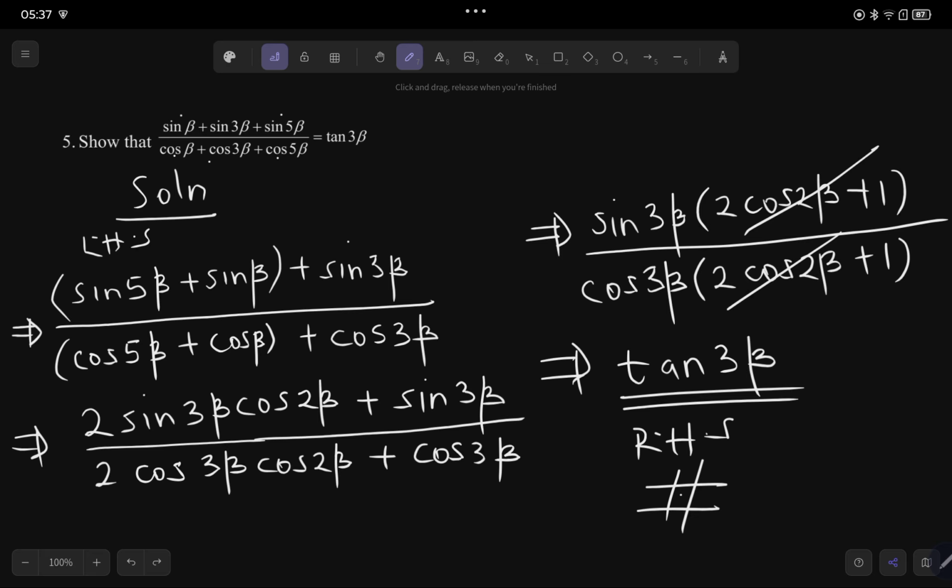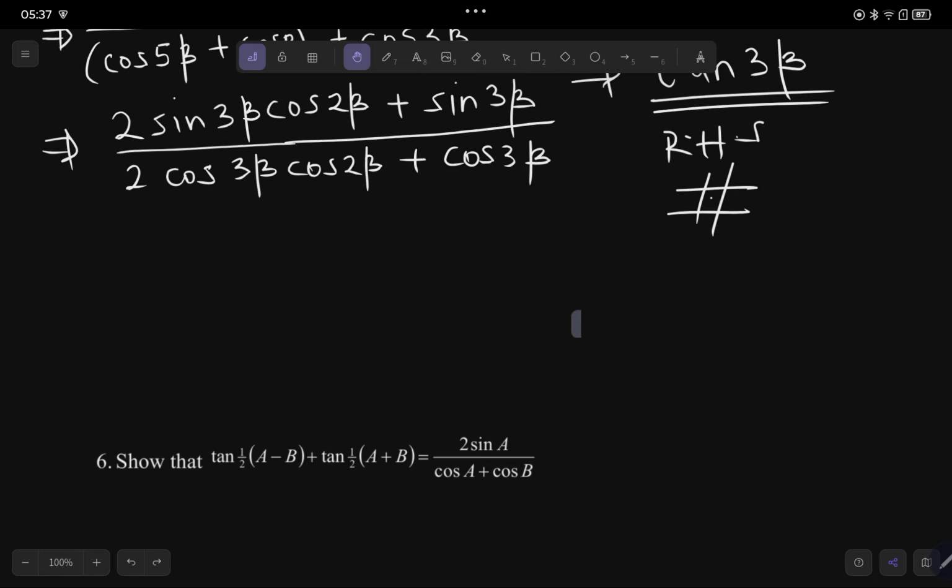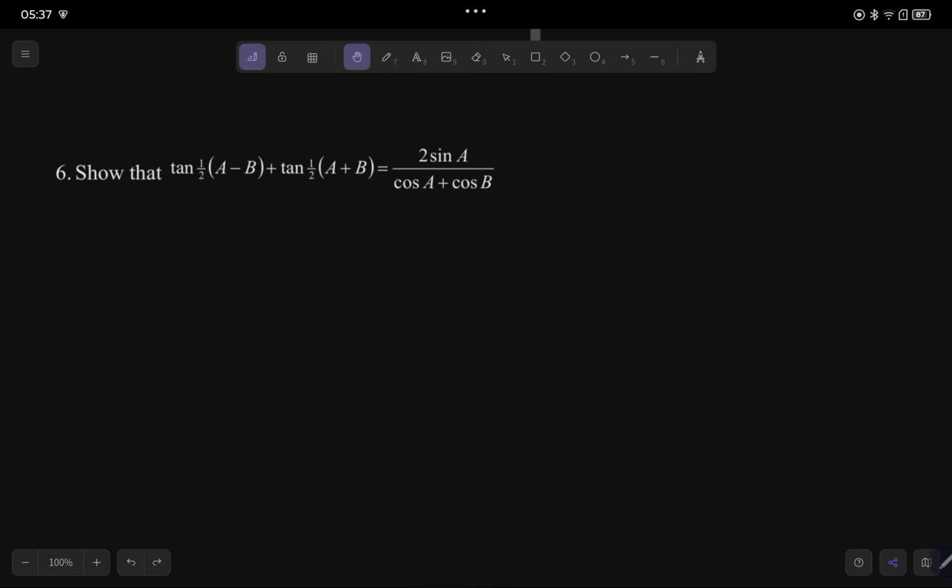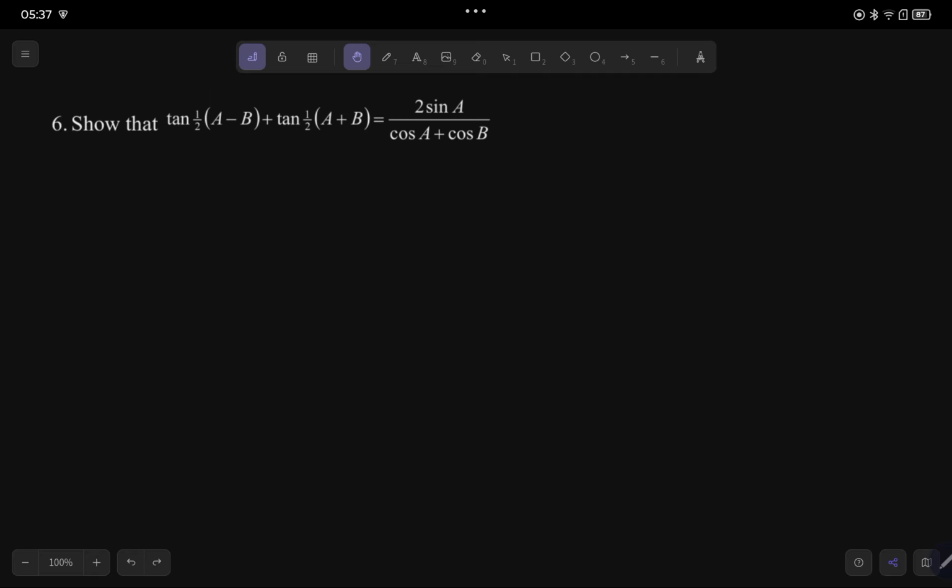We now move on to question number 6. Question number 6 says, show that tan of half a minus b plus tan of half a plus b is 2 sin a over cos a plus cos b.